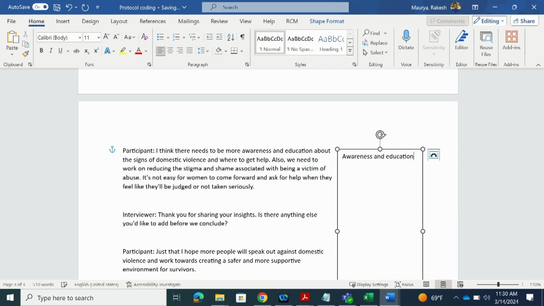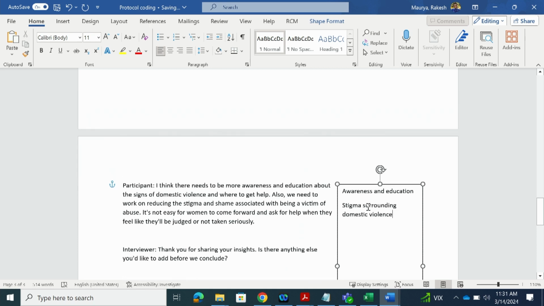So that's another code. Stigma and shame associated with a victim. So that's another one we just coded. So let me put the code again. Stigma surrounding domestic violence.